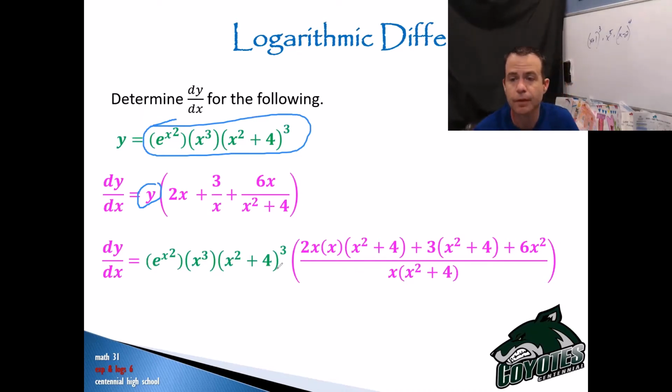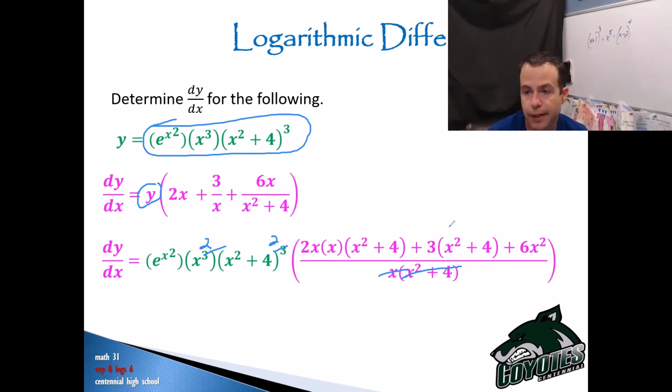Now I can still work on cleaning this up a wee bit. This is all being multiplied, right? So the x squared plus 4 cubed can turn into an x squared plus 4 squared. My x cubed there could turn into an x squared. Then this can all get multiplied and like terms collected.